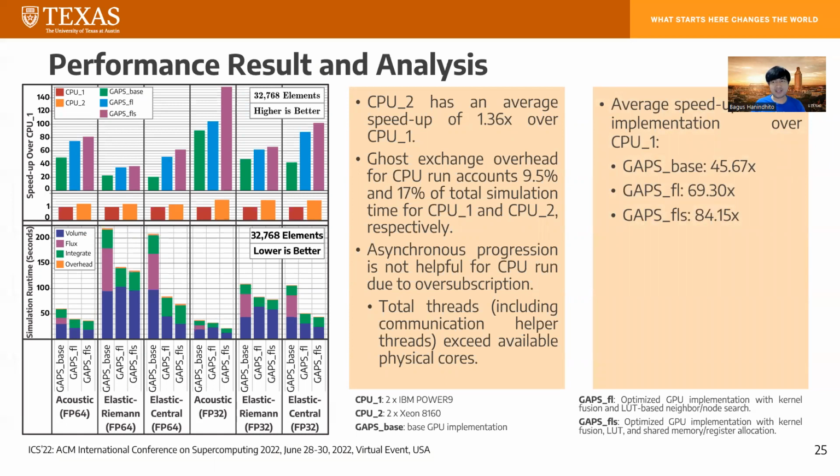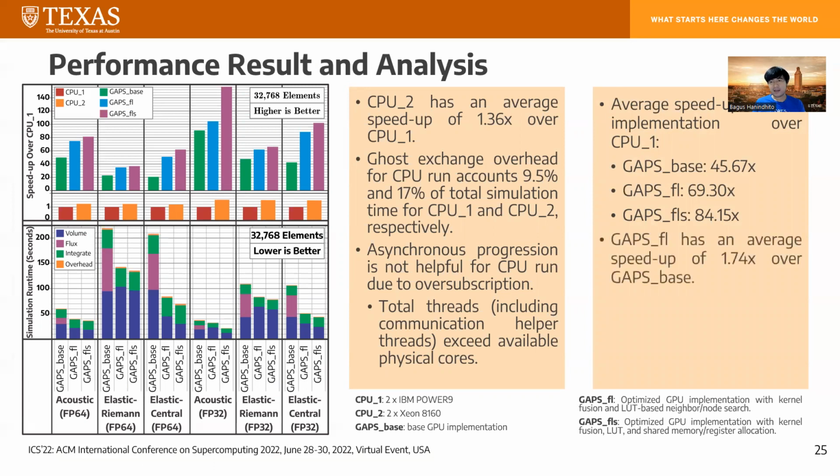So the baseline has a speedup of 45.67 times compared to CPU1, while the FL has a speedup of 69.30 times compared to CPU1. And the most optimized GPU version, the FLS, has a speedup of 84.15 times compared to CPU1.